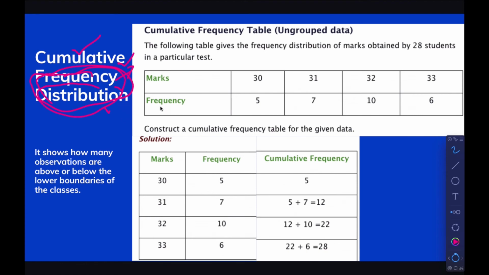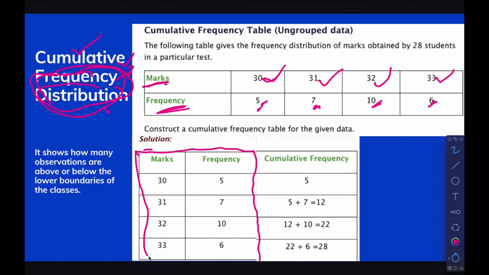Now, this is our table. We have marks of students, and then how frequently those marks appear. Over here we have 5 students who scored 30, 7 students who scored 31, 10 students who scored 32, and 6 students who scored 33. This part of the table is the same as this one, just that this one is horizontal and here it becomes vertical.